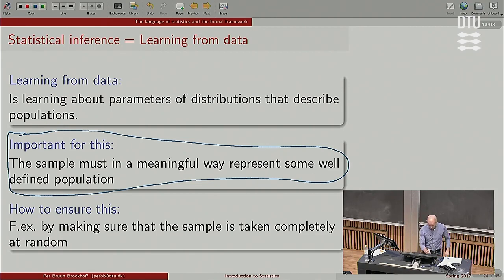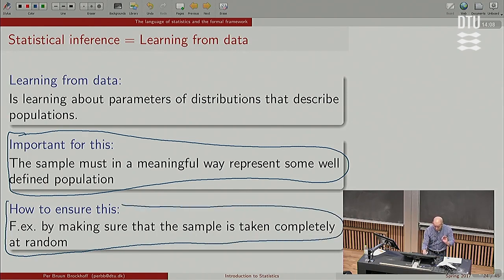And one way, it's not the only one, but it's the basic way, but maybe also the most difficult way, but one way to at least formally make sure that it's okay is to make sure that your sample data is taken completely at random.